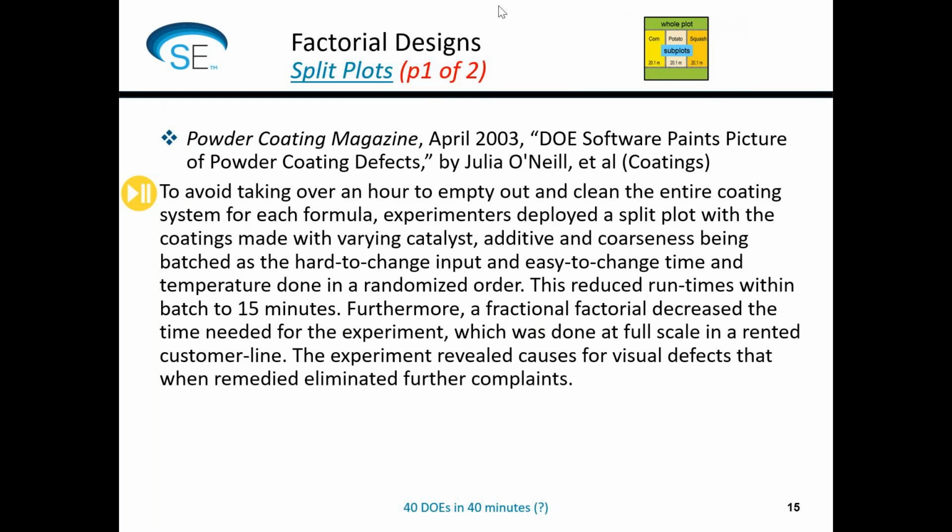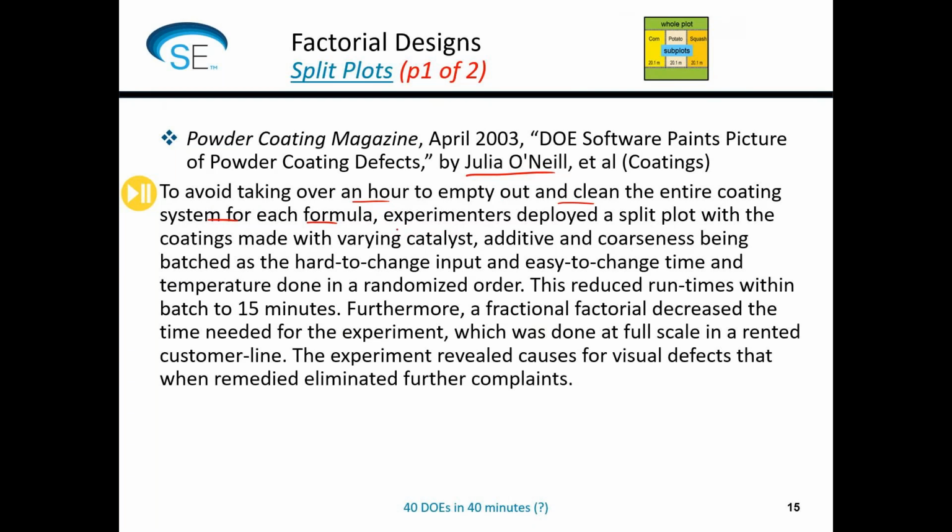And then they apply 1 herbicide to it from the airplane crop duster, and then they go to the next whole plot with a different randomized plan of corn, potato, and squash, and it goes on like that. Now, early on, this was before I think some of the tools that we developed that are included in our software, Julia O'Neill worked with a split plot to avoid taking over an hour to empty out and clean an entire coding system for each formula.